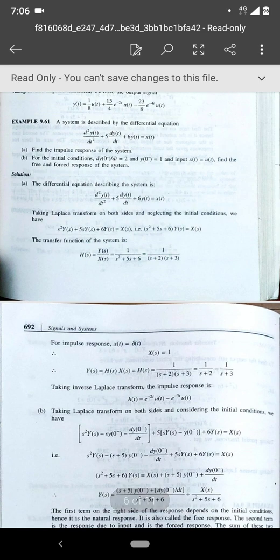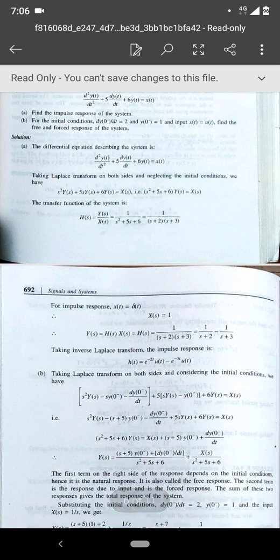So directly it is given that x of t is equal to u of t. Indirectly, what it means is that you are asked to find the step response. Taking the Laplace transform of the same question, since initial conditions are given, you have to take those also.